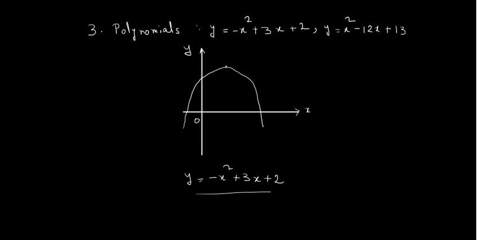This point is 3 by 2, 17 by 4, which is the vertex. This is the graph of this polynomial.